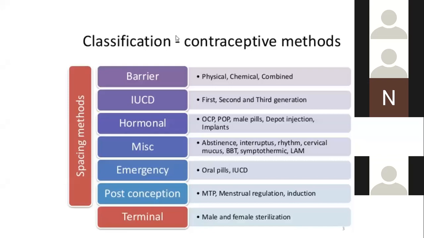So this is a plus point of barrier contraceptives. The disadvantage, however, is that they need mutual cooperation between the partners. Also, they need motivation, and the failure rate is often high.